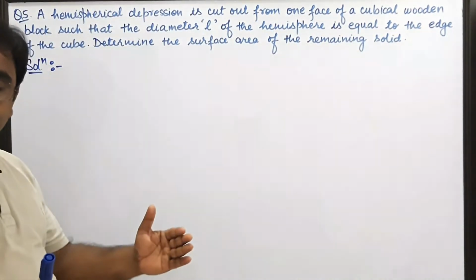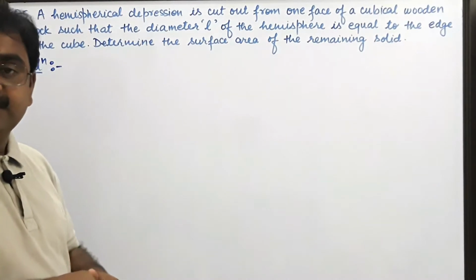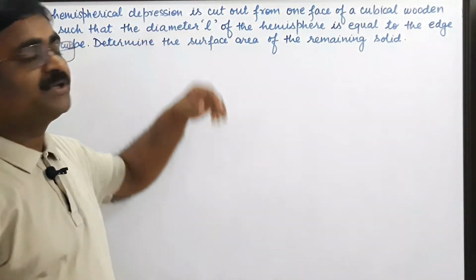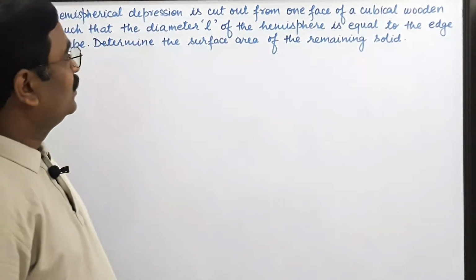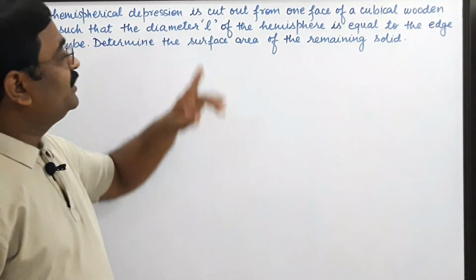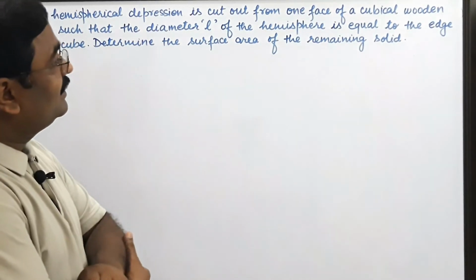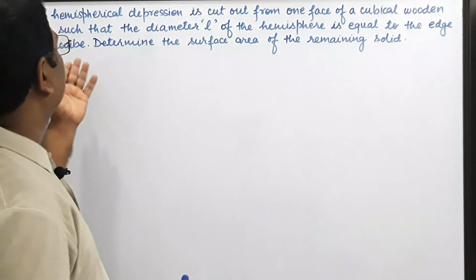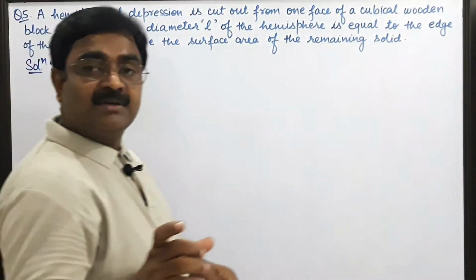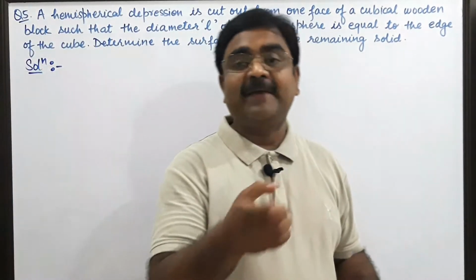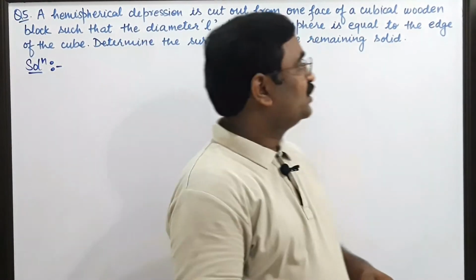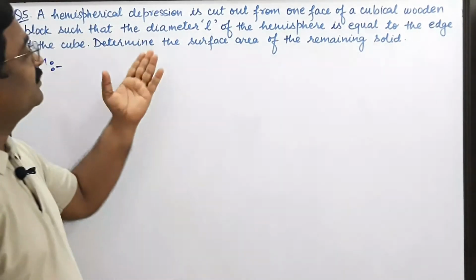There is a wooden block which is cubical in shape, and from one face a hemispherical depression is cut out such that the diameter of the hemisphere is equal to the edge of the cube. It means the edge of the cube is equal to the diameter of the hemispherical part. So the question is asking to determine the surface area of the remaining solid.